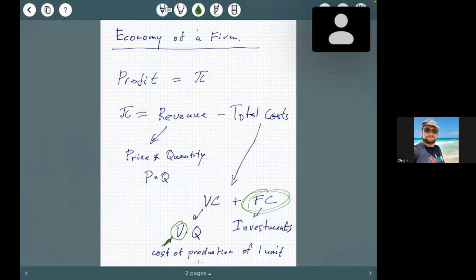And then you have software, which is another example where variable costs are also not that high. If you develop an app, then your variable cost is only marketing. So usually that's where the costs are.